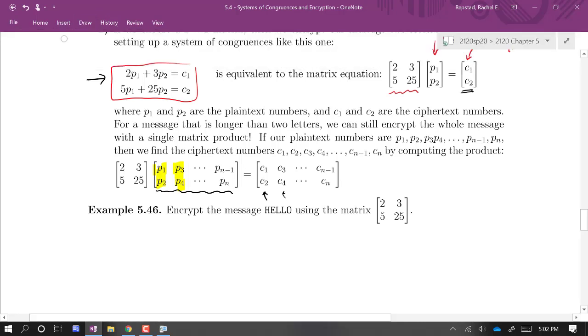So let's say we're going to encrypt the message hello using this matrix. It's a 2x2, so we'll note that we need to encrypt in pairs. Even though we're going to do it all in one matrix, I still have to have an even number of characters. This has 5 characters, so I'm going to add a space so that I have an even number of characters.